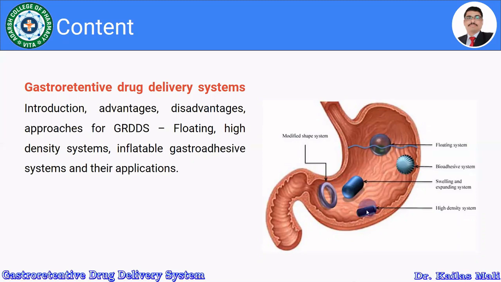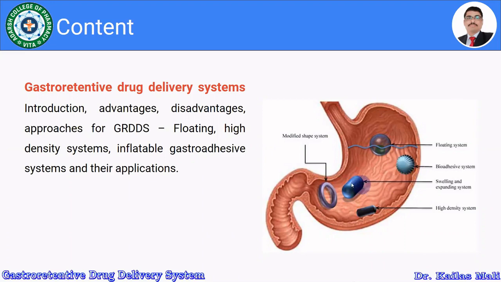In contrast to that, if the formulation has a high density, it is going to sink, isn't it? That is a high density system. Then three more systems are available. That is the bioadhesive system, which is going to adhere to the gastric mucosa and reside for a longer period of time.